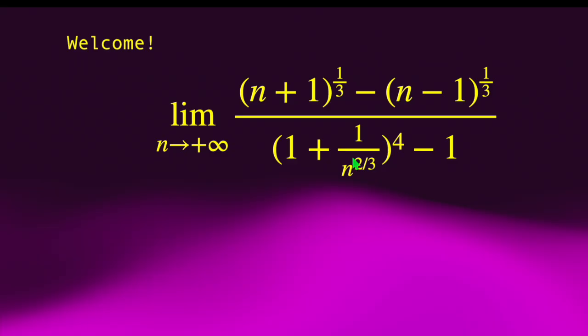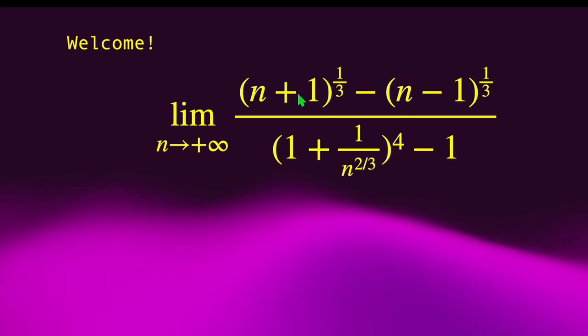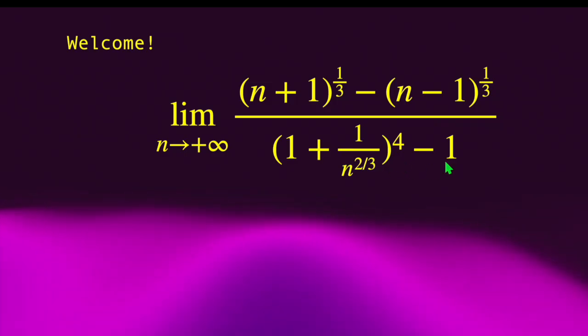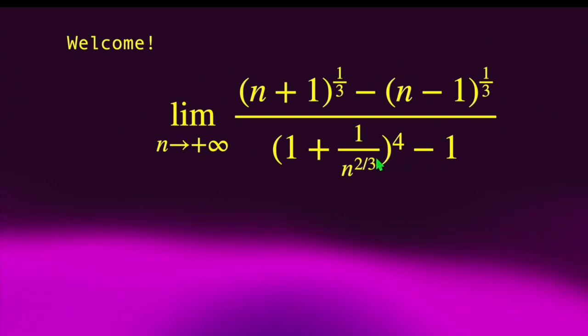So to solve this indetermination, we need to factor both the numerator and the denominator. For the denominator, we have an algebraic identity and we can handle it easily.